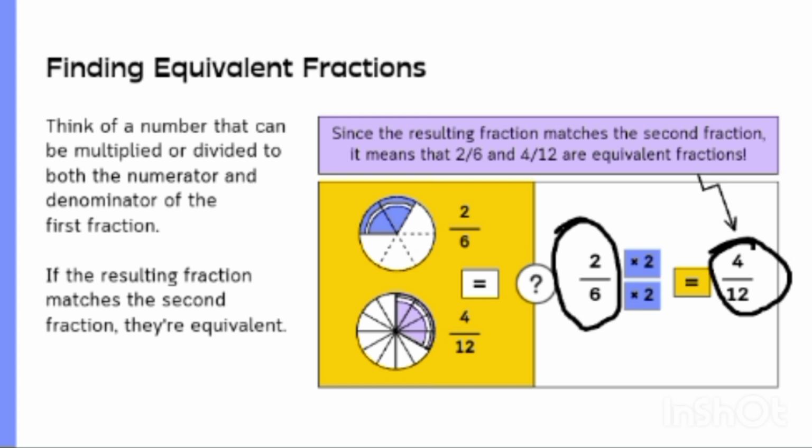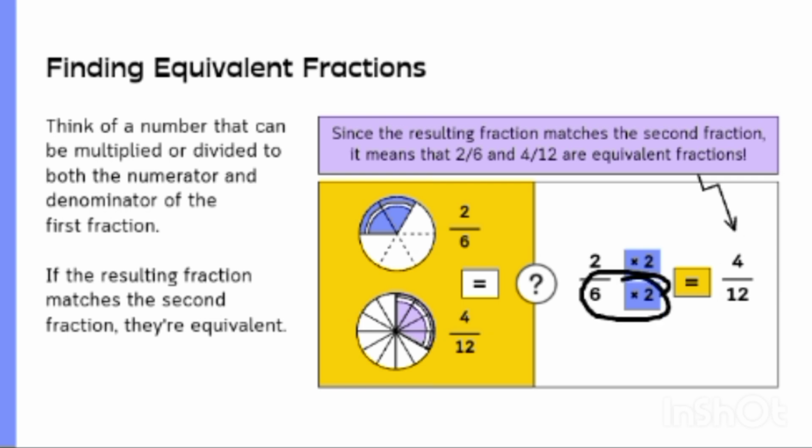What we did here is think of a number that can be multiplied or divided to both the numerator and denominator. We think of the number 2, which can be multiplied to the numerator and denominator. When we multiply it to the denominator, we get 12, and when we multiply this same number to the numerator, we get 4.